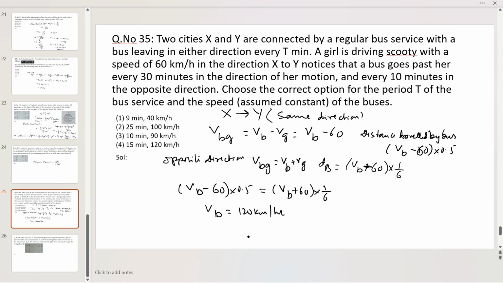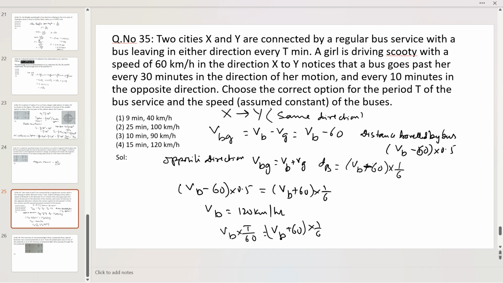Now for the t minutes, Vb into t by 60, which becomes hours, will be equal to (Vb plus 60) into 1 by 6.